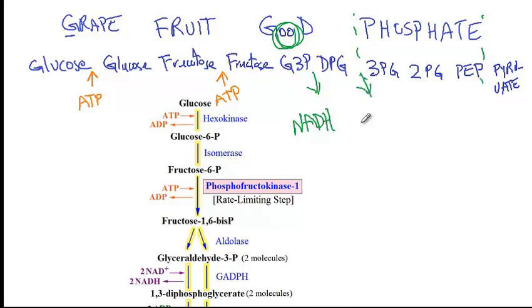So we get an ATP out in between the reaction between diphosphoglycerate converting into 3-phosphoglycerate, and then from phosphoenolpyruvate converting to pyruvate, we're also gonna get another ATP molecule. So basically here now you have all the substrates and the intermediate molecules, and then their products of different ATP and NADH that they would yield using the grapefruit has a good amount of phosphate.